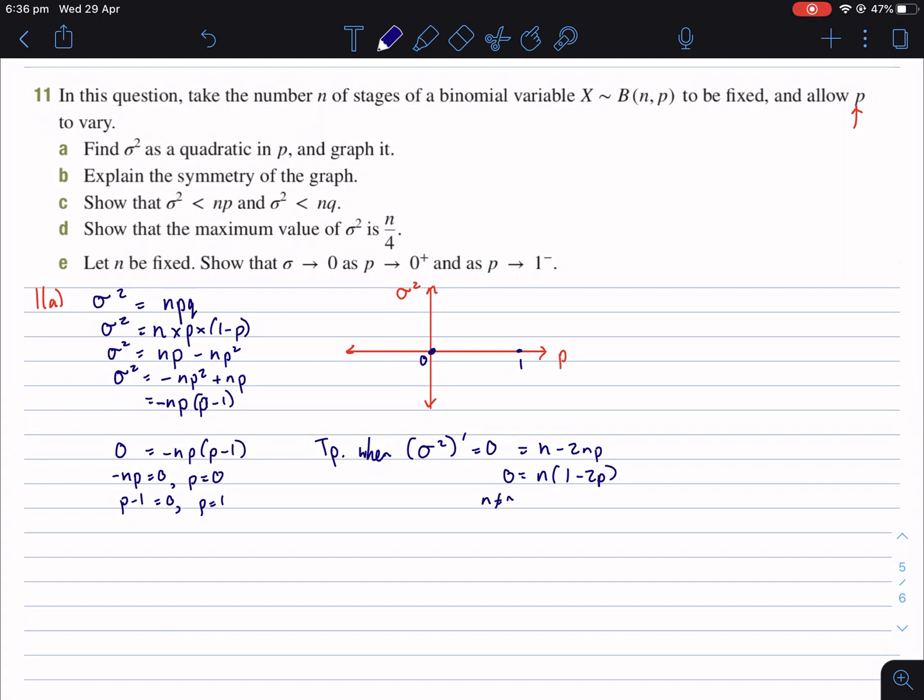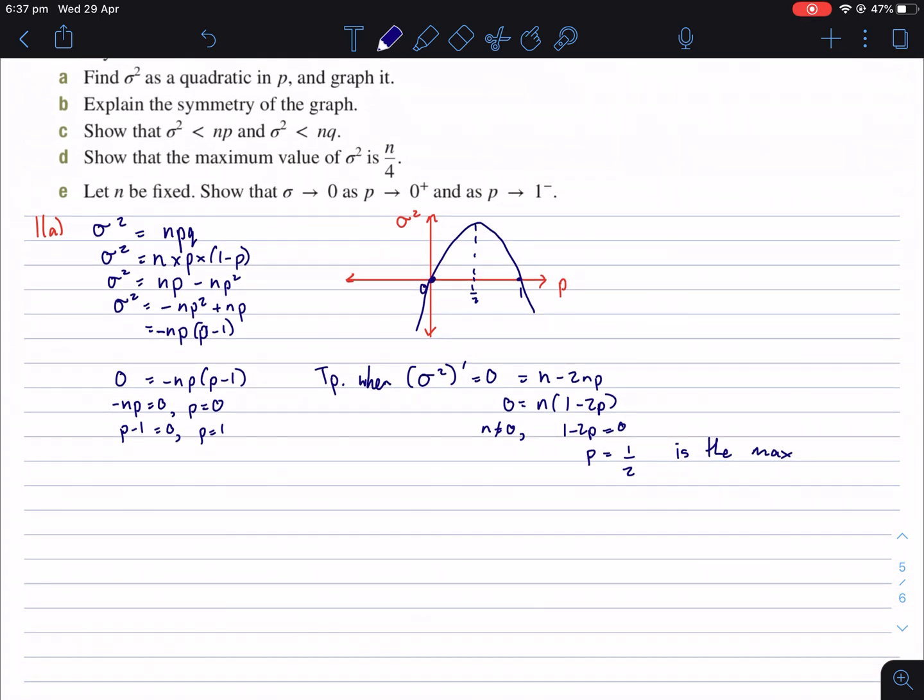N does not equal 0, so 1 take 2P equals 0, so P equals a half, so that is the max. So it's going to come through like that, pretend that I'd drawn that correctly.